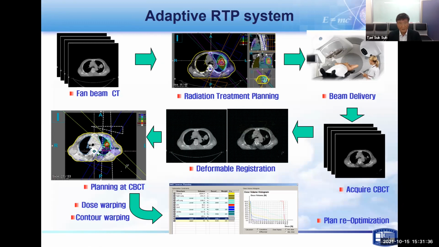I will not discuss in detail all the procedure. However, we need to develop many advanced techniques to enable 4D planning.